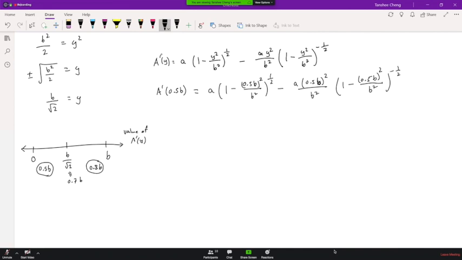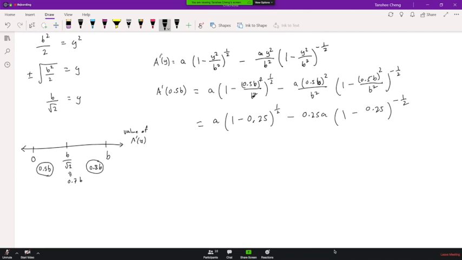This b squared and b squared will cancel out, right? And then that's 1.25. So you will get a positive value right here because 1 minus 0.25. So that will become 1 minus 0.25 to the 1/2 power. And right here also it will cancel out, so it will be 0.25a times 1 minus 0.25 to the negative 1/2 power.